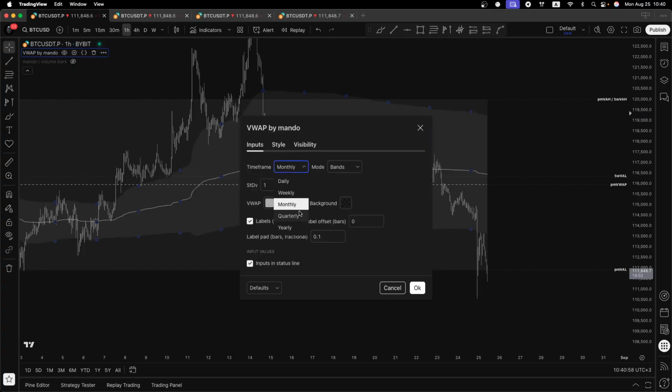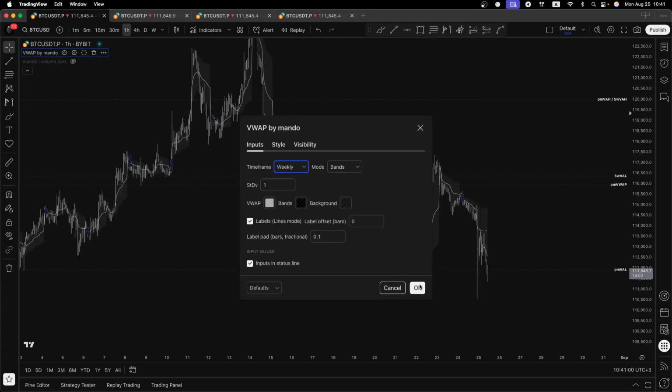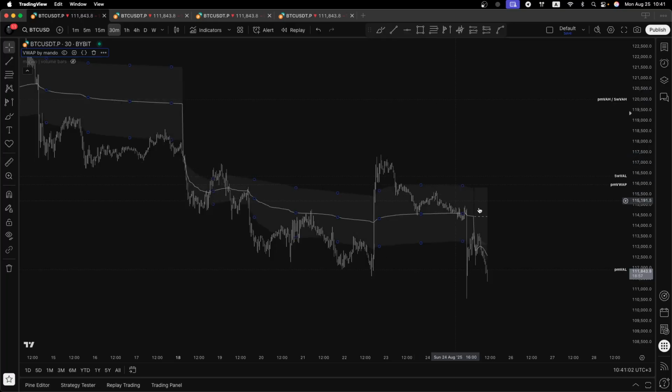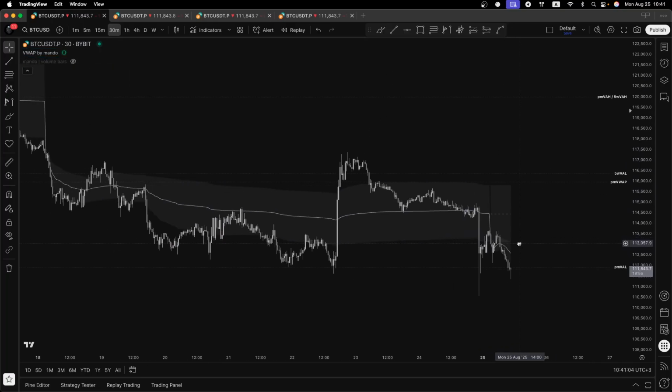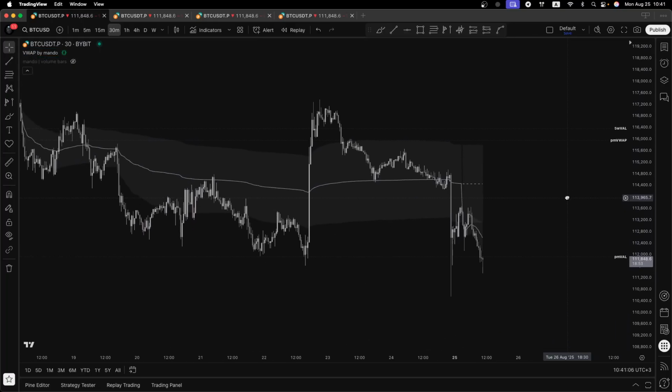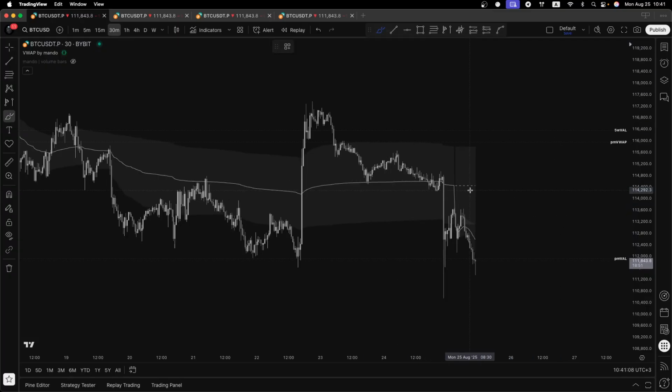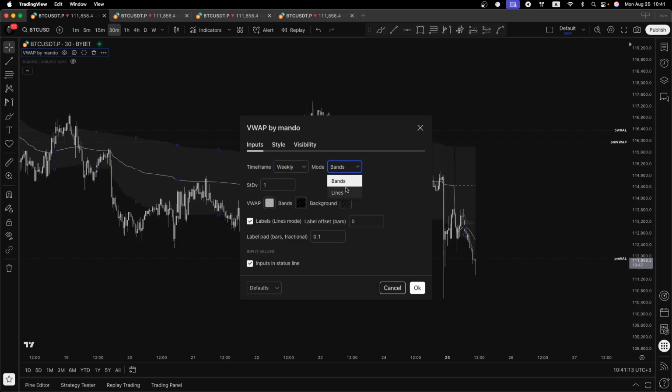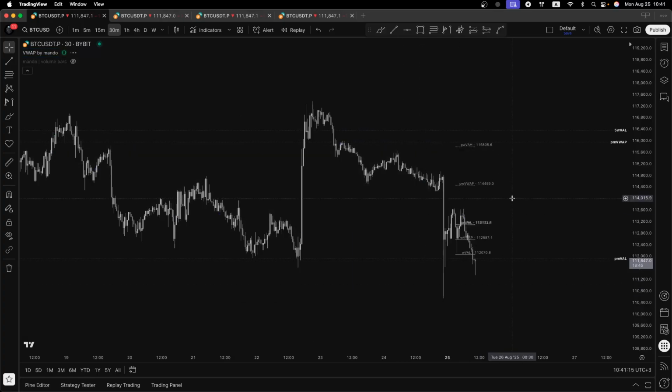And now let's go into the weekly, not the daily, the weekly. So into the weekly, we have some pretty important levels to play around. Let me bring up the lines.